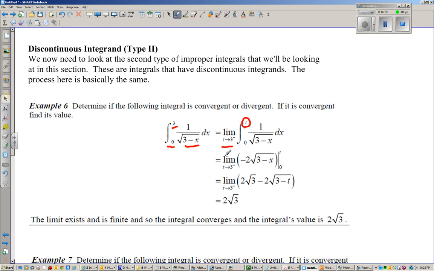Now we evaluate again with a little substitution. I did this same problem earlier, so we won't get into the mechanics. You can pause and check if you want. Anyway, we're going to put in our upper and lower limits, t and 0 respectively. I've twisted it around a little bit.